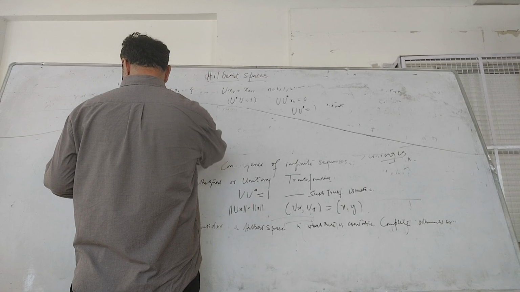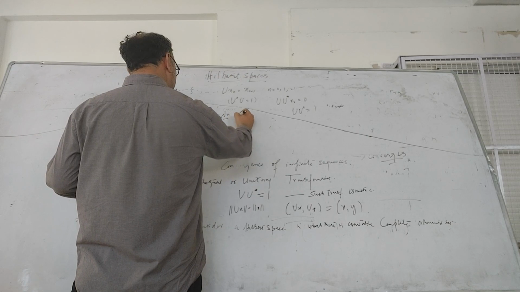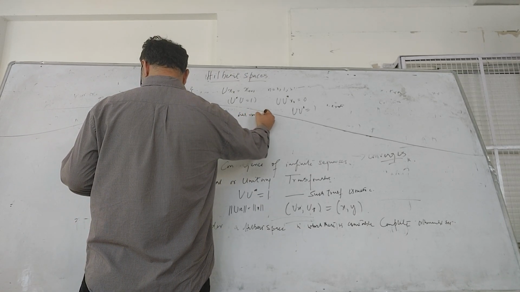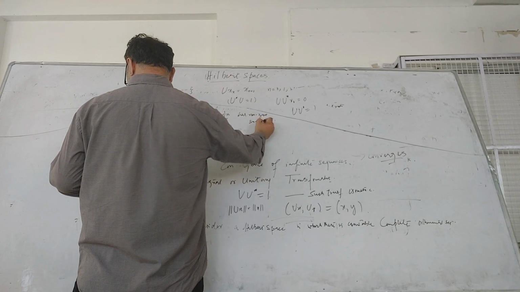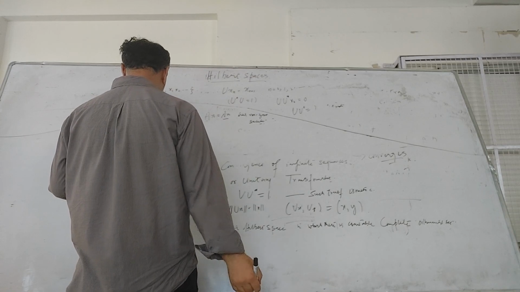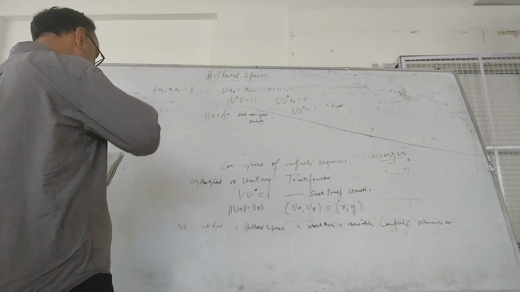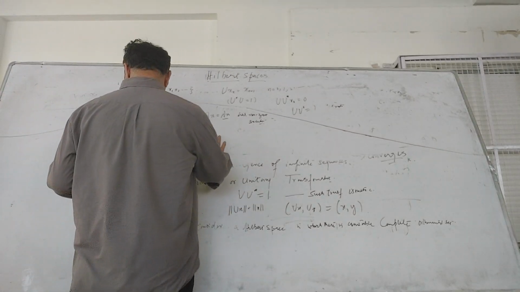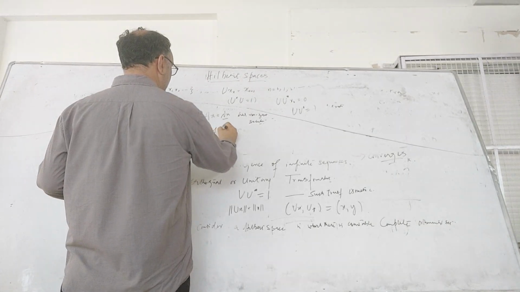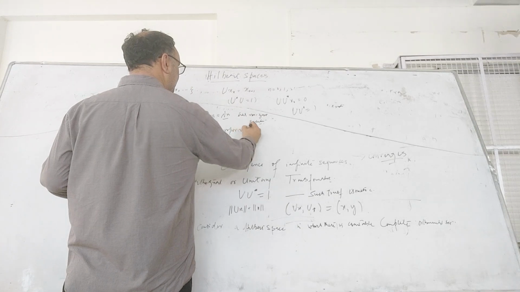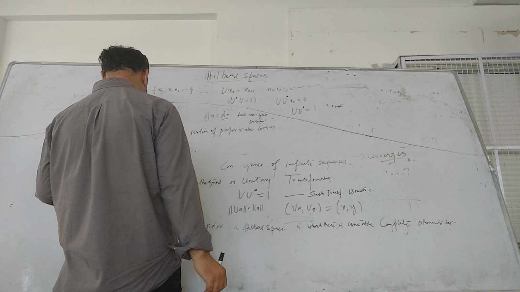The definition of a proper value is a number lambda for which Ax is equal to lambda x has non-zero solutions. Does it make sense about the reality of proper values of a self-adjoint transformation being true? The notion of proper value loses much of its significance.